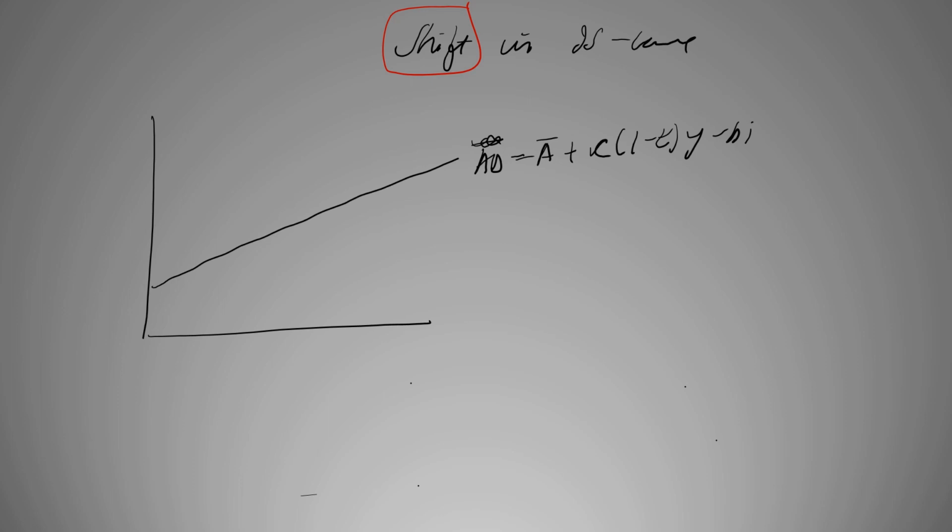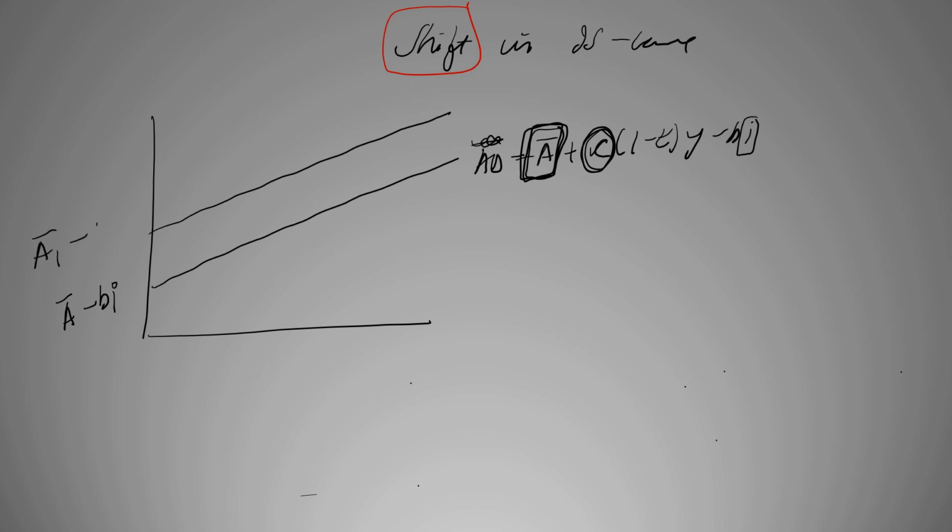We cannot change our C because it's just causing the shift. So the only variable right now that can help us shift our IS curve is A, right? So when you increase your A, it's going to shift up.